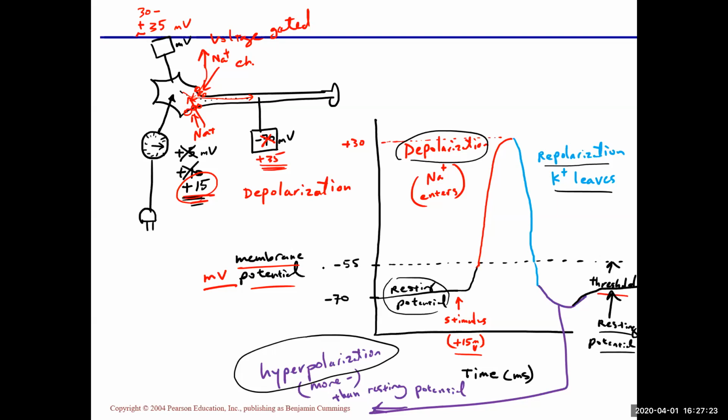Remember, the key is the threshold. Action potential either fires or it doesn't. It's kind of like shooting a gun. All right, if you put your fingers on the trigger point, if you put enough force, the gun is gonna shoot. So there is no halfway in between.